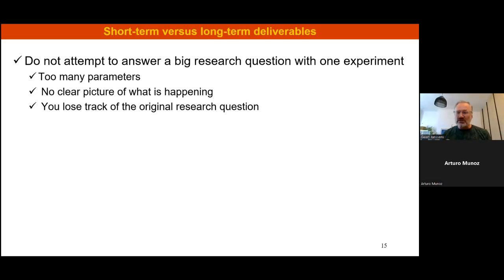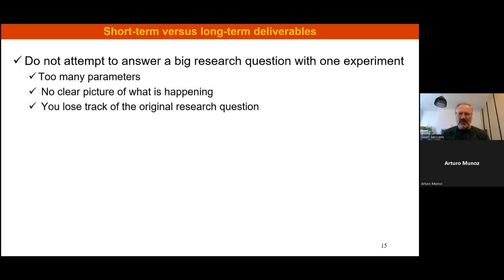You lose the picture of what is really happening, and you lose track of the question. There will be lots of things coming in, and sometimes it's just better. You can always store samples if something interesting would come up afterwards, but always start with your clear research question and try to analyze those parameters that you think are needed to evaluate it. Not more, not less. Think very carefully.